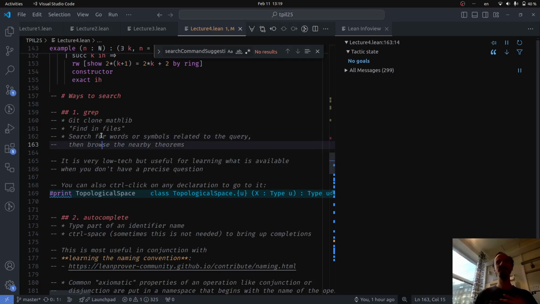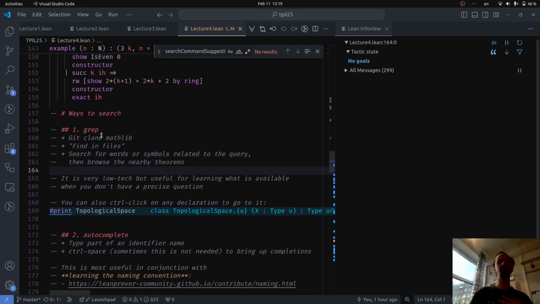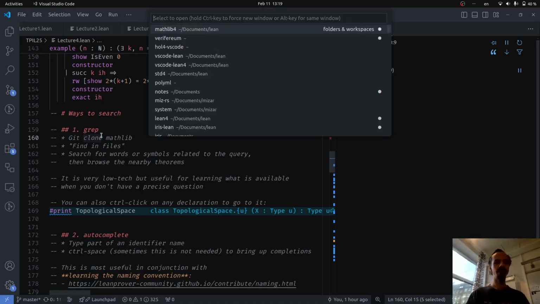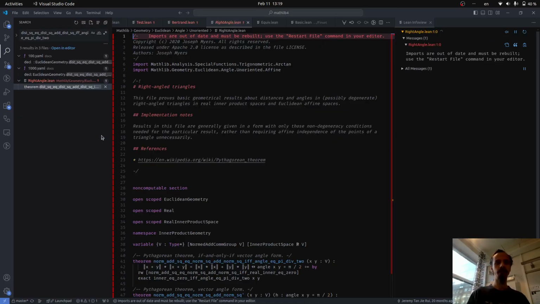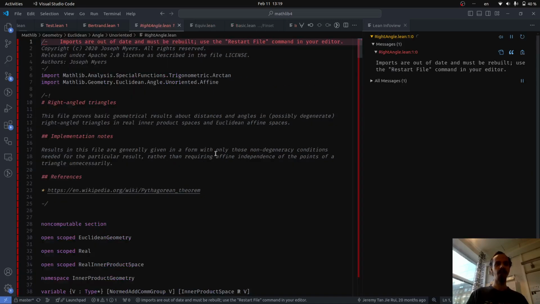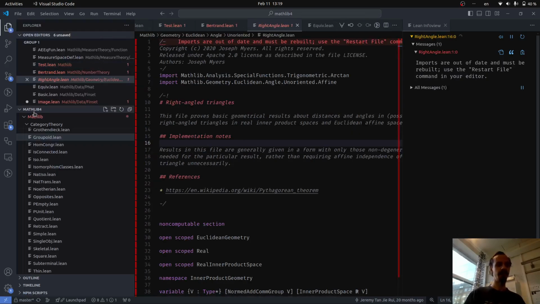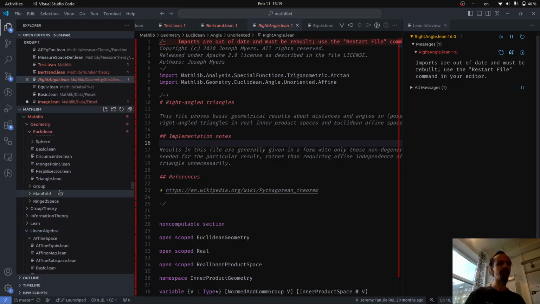So level 1 here is grep the sources. This is surprisingly effective, and don't knock it until you try it. The idea here is we'll get mathlib. I'm going to open up the mathlib repository, and then I have all of the files available here, right?